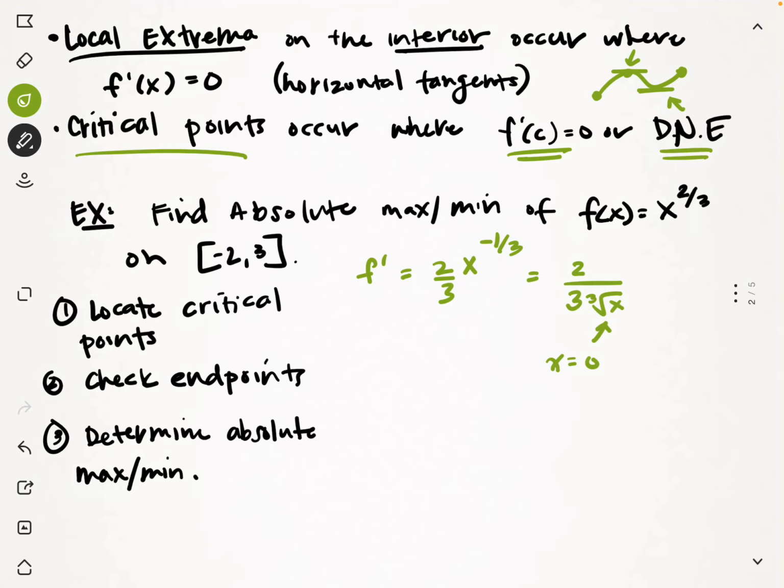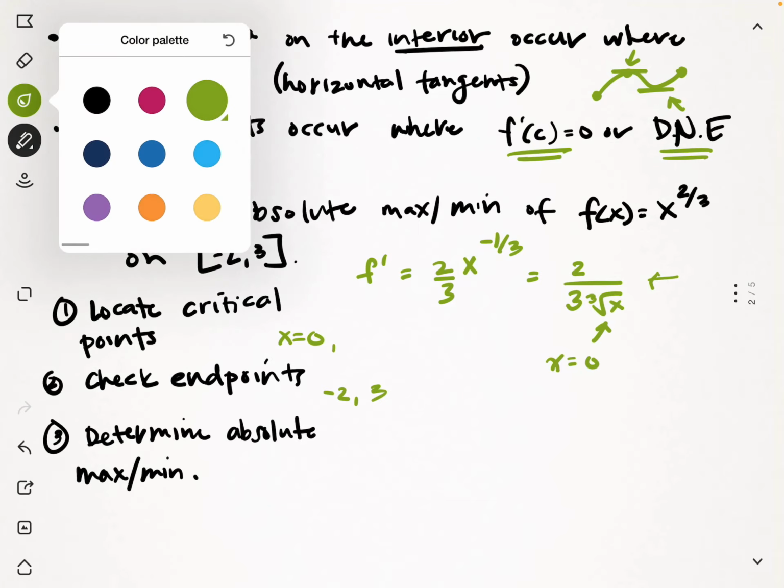And we know that anything else we plug in here should be good. So we've got a critical point at x equals 0. We're also going to check the endpoints too, so we have -2 and 3. We're going to plug our values in there and see what happens, and then we're going to determine the absolute max or min. So let's change colors.